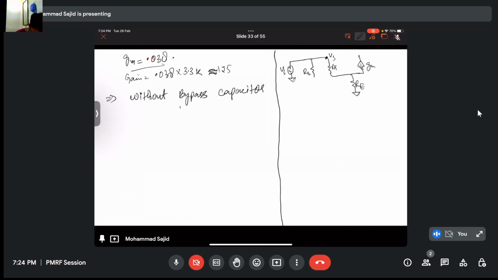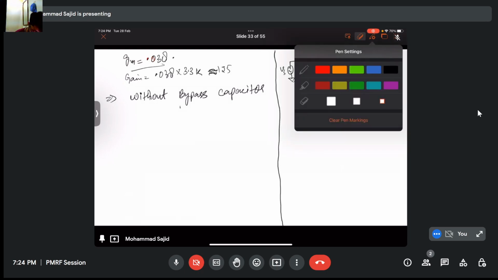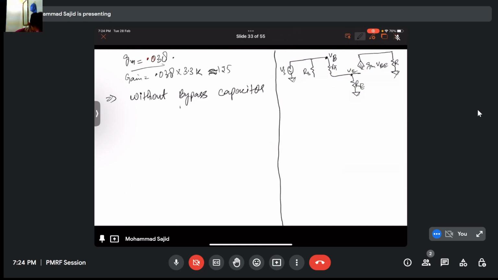This is your Vs, let's say this is Vb, this is Ve, gm Vbe. Sorry, this should not be connected here. This is my V output, right? So now you have RE as well.